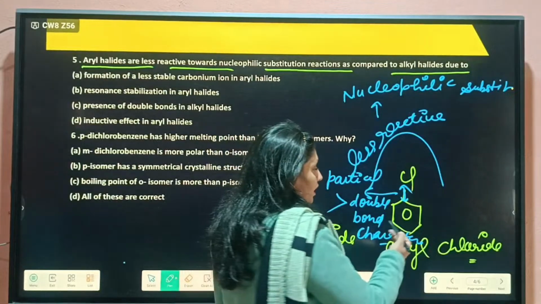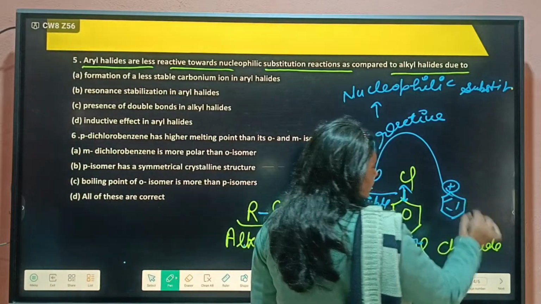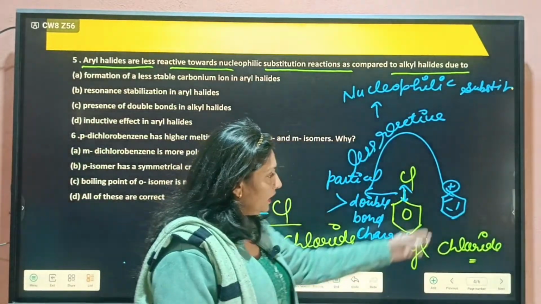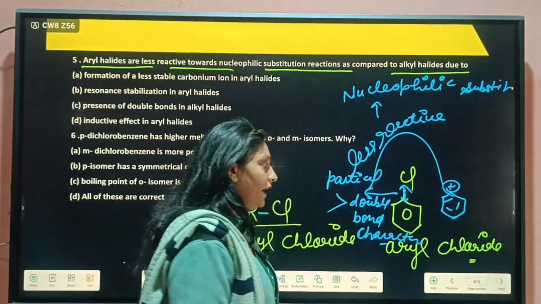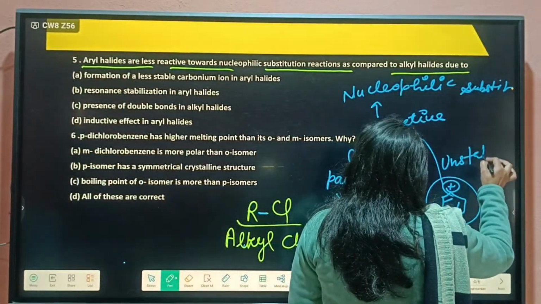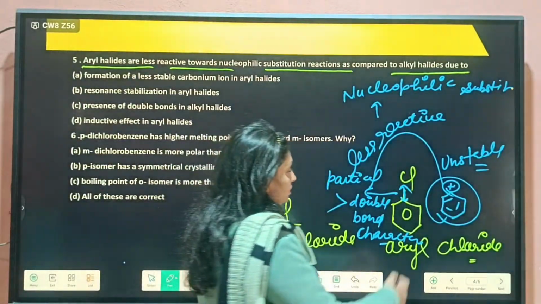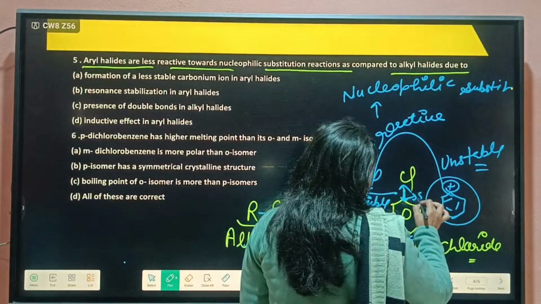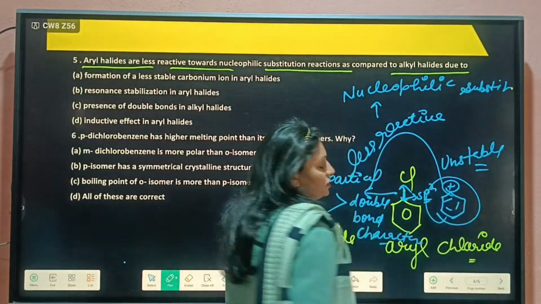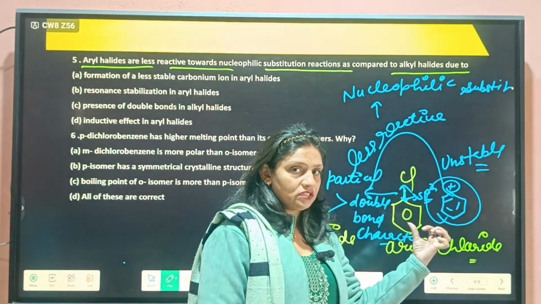Second one, after this, it will give phenyl cation and it is unstable. Instability of the phenyl cation. And students, here this carbon is sp2 hybridized carbon, which is more electronegative, so it will attract electrons towards itself.